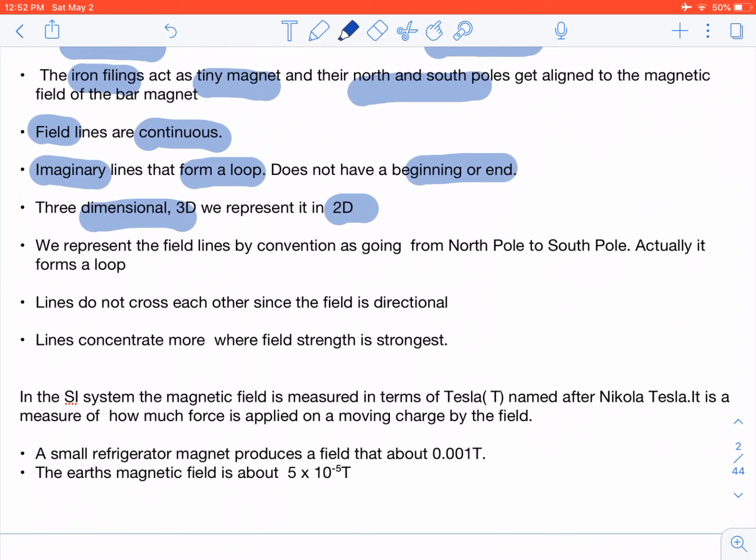And we represent the field lines by convention as going from the North Pole to the South Pole. That's by convention. That is arbitrary. Okay? And the lines do not cross each other since the field is directional.